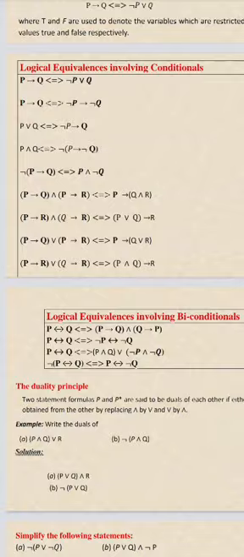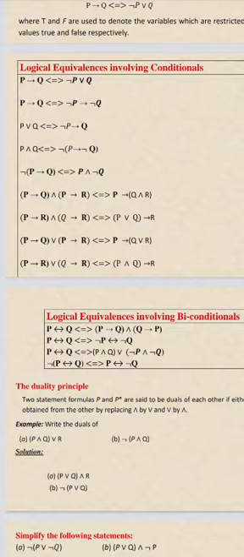Then next one, (P to R) and (Q to R); the last statement is the same, to R, and the first two statements are written as (P or Q) to R. Then next one is (P to Q) or (P to R); P to is the same statement, then remaining Q or R. Then last one is (P to R) or (Q to R), equivalent to (P and Q) to R.